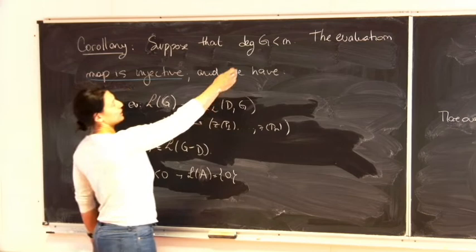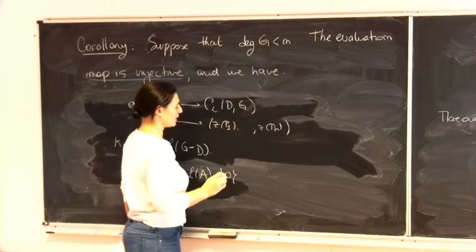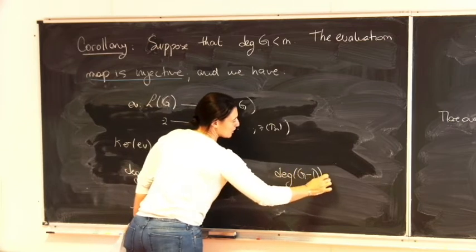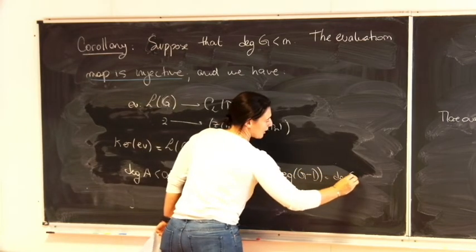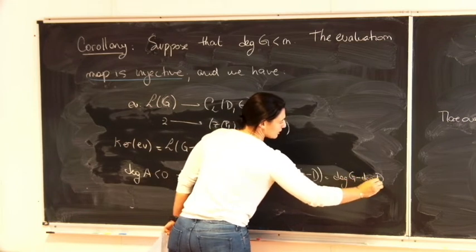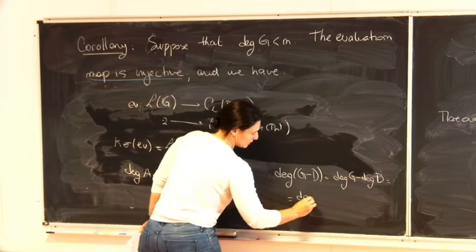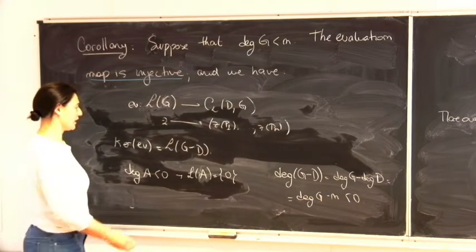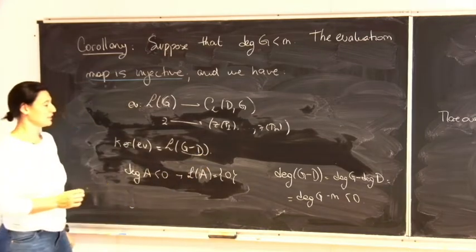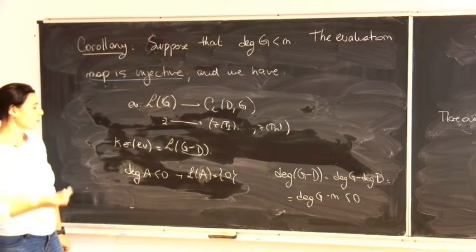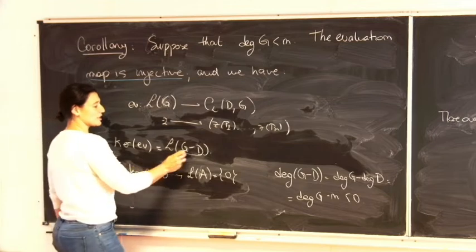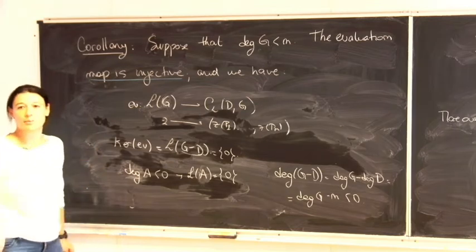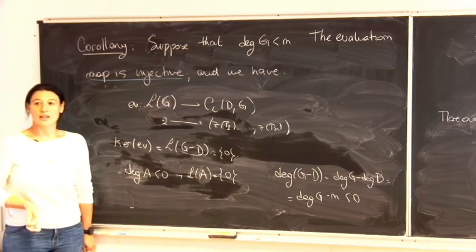And if I'm assuming that the degree of G is less than n, then the degree of G minus D is the degree of G minus the degree of D, but the degree of D is exactly n, and therefore this is a negative degree divisor, so the Riemann-Roch space associated to this is 0, and so the kernel has only the 0, and this is injective, and everything happens in this corollary. Okay?